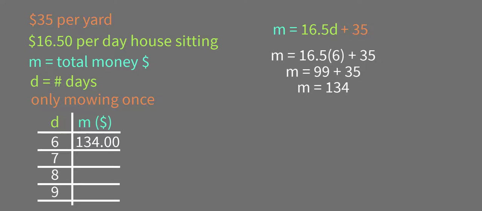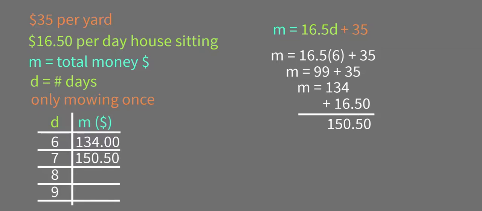Now we have a couple options here. We could go ahead and substitute each time, and that's a perfectly acceptable way of filling in this table. Or we could just recognize, well, wait a minute, each one of these is just a subsequent day. Well, how much is he adding per day? $16.50. So for 7, we could substitute 7, or we could just add $16.50. So for 7 days, he's going to have $150.50.